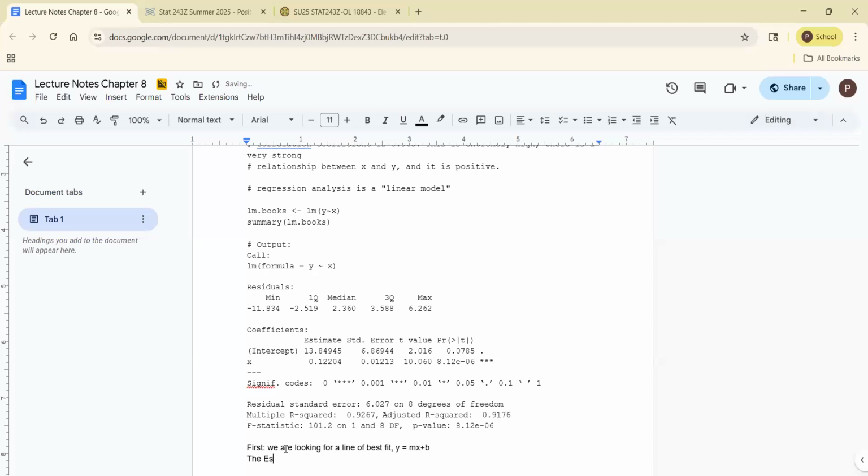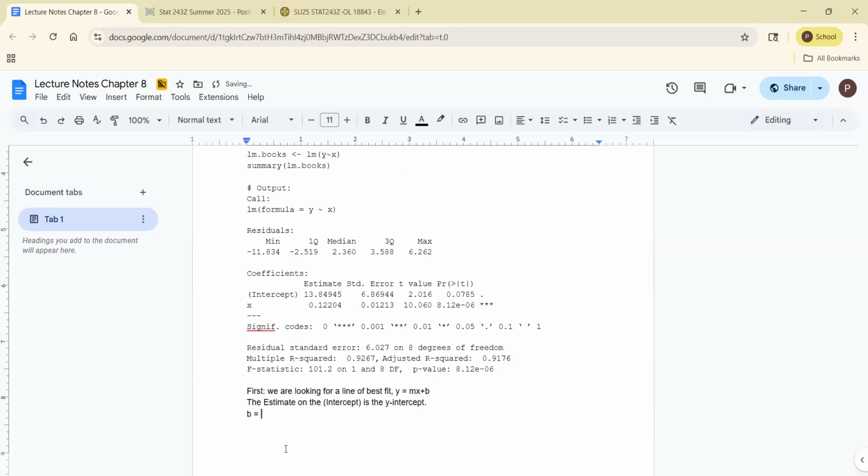The estimate on the intercept is the y-intercept, b equals 13.85. The estimate on the x is the slope, m equals 0.122.